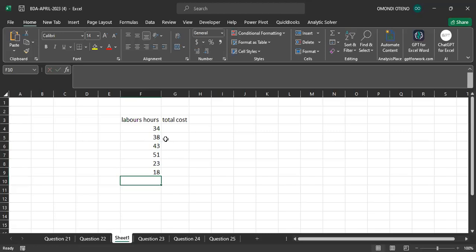And of course, we have 29. So let's just have those few data samples there. Then in terms of total cost, we'll be having 5,000. We'll be having 7,340.